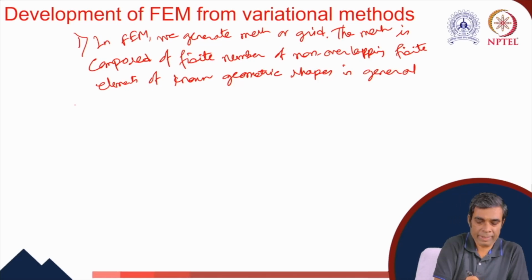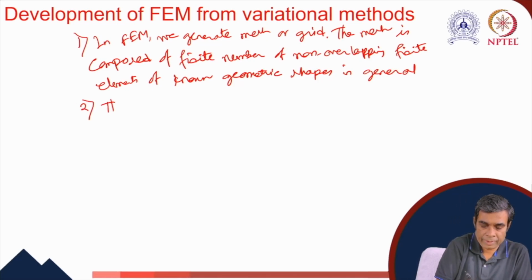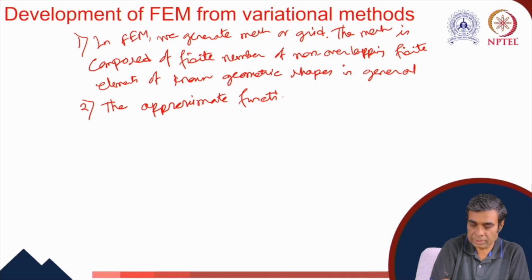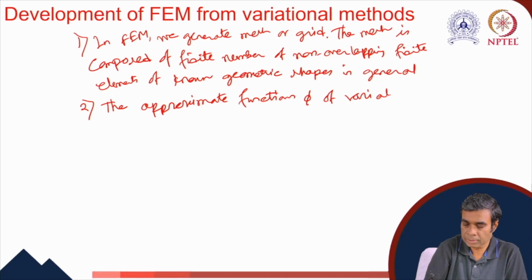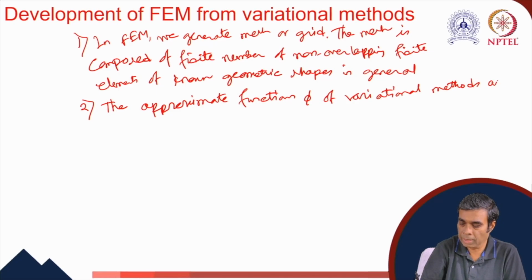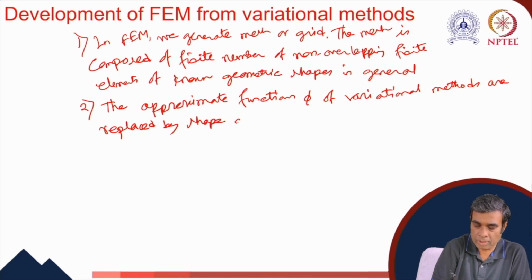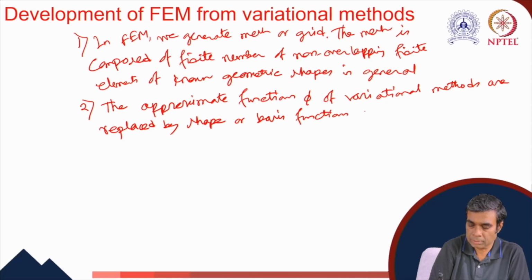When we generate the mesh, the approximate functions phi of variational methods are replaced by shape or basis functions psi, function of space.